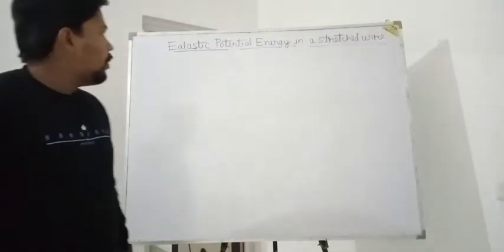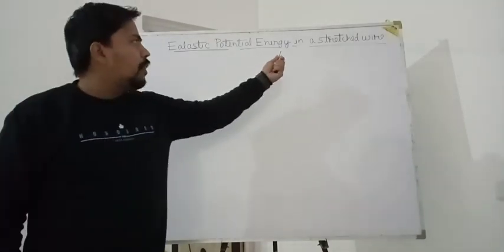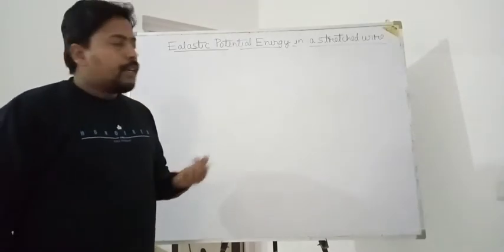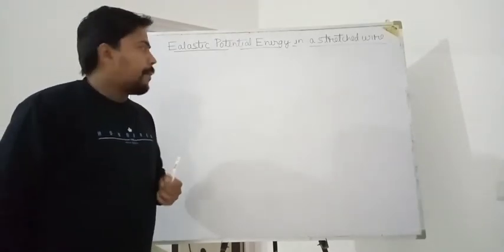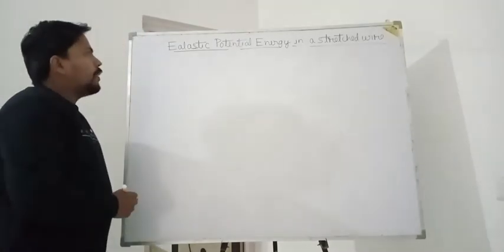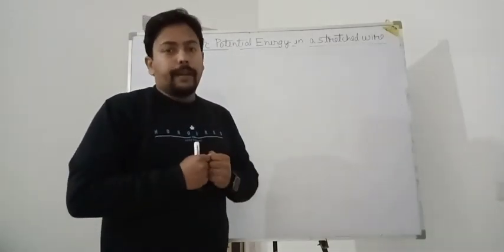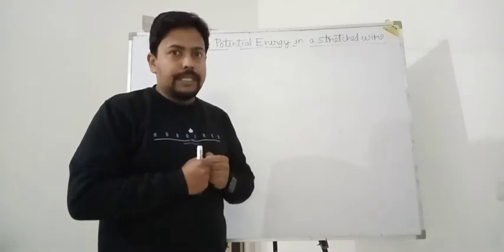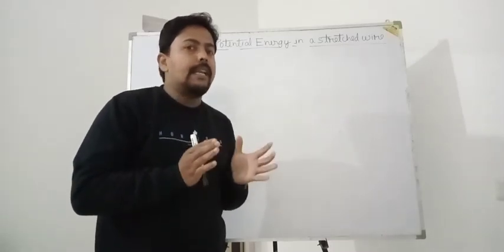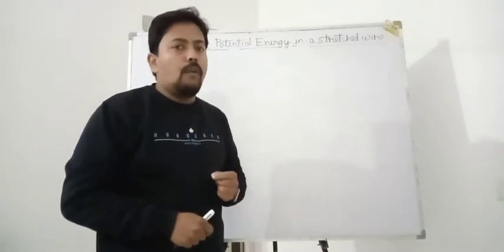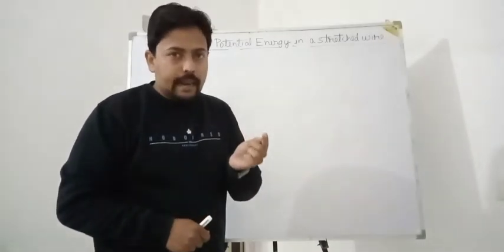Now let's talk about elastic potential energy in a stretched wire. What is the elastic potential energy in case of a stretched wire? In case of stretching a wire, we do some work. If we are extending that wire from initial length to some final length, and if there is an increment of, let us say, small l.